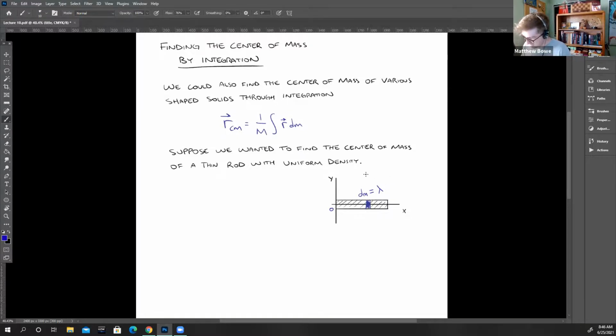The linear density times however far you're moving along the x-axis. So say I'm doing this slice right here. From the origin to that slice is a distance x. And how wide the slice is, that is just dx.